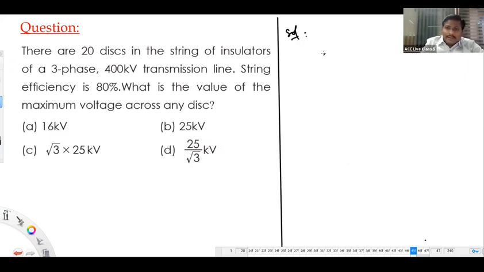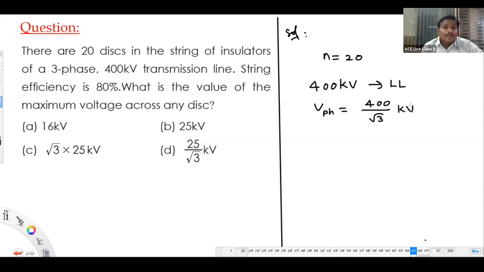How many discs do we have here? 20 discs. It's a 3-phase 400 kV transmission line. 400 kV means what? Line to line voltage. Then what is the per phase voltage? Per phase voltage will be 400 by root 3 kilovolts.